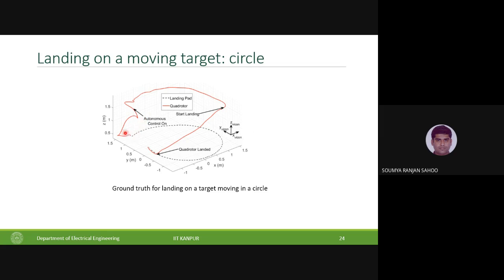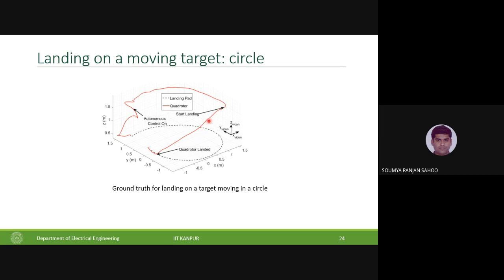So we took off the quad manually, and the ground vehicle also initiated its circular path. After the vehicle reached a certain point, the autonomous tracking and landing system was initiated. The quadrotor kept on tracking the landing platform till here, and from this point it initiated its landing.